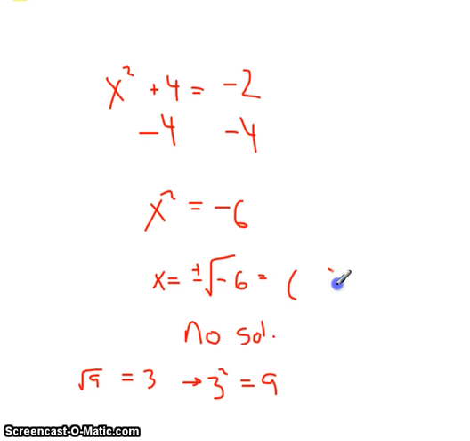So the question is, what number squared equals negative 6? Well, I can't ever square a positive or negative number and get a negative number. So whenever you're square rooting a negative, we're looking at a no solution case.